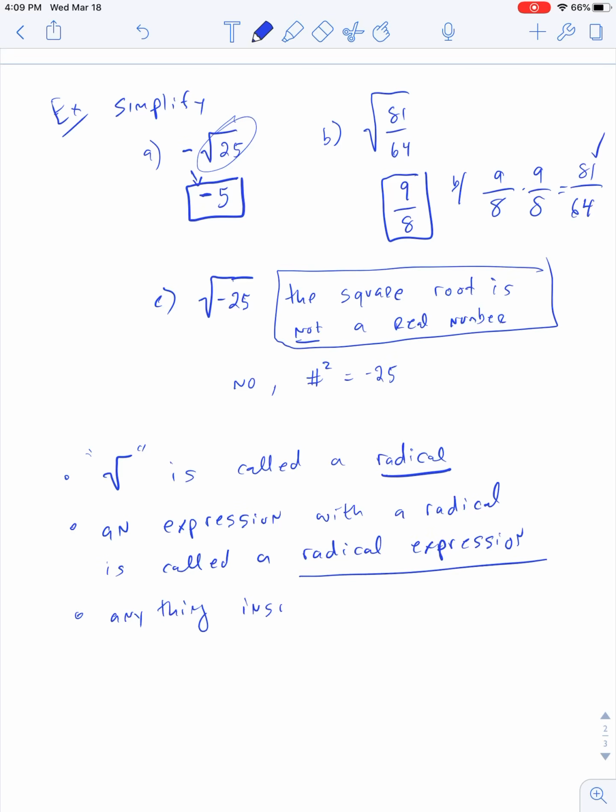Anything inside the radical is called a radicand.